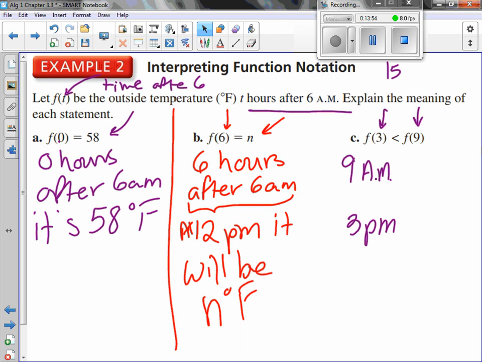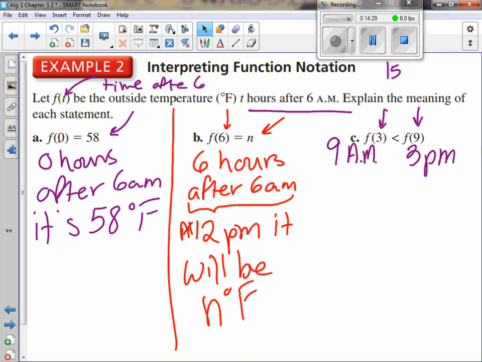Now, F of 3 and F of 9 is talking about what? The temperature. Because the T, the number inside, is talking about the time after 6 a.m. The function F of T is talking about the temperature. So it's saying the temperature at 3 is what? The temperature at 9. So we use these to say these are the two times.